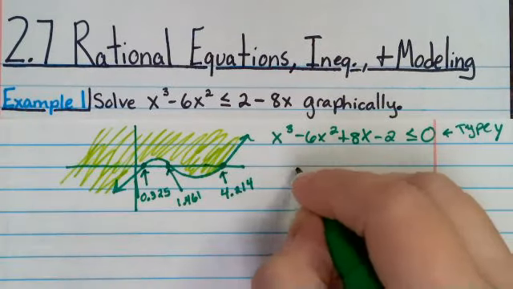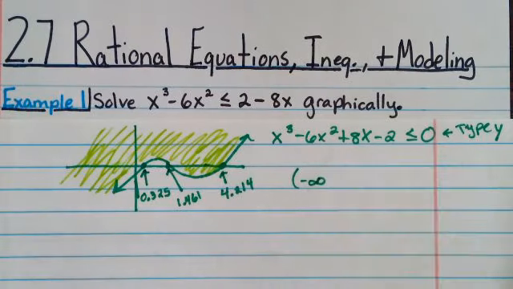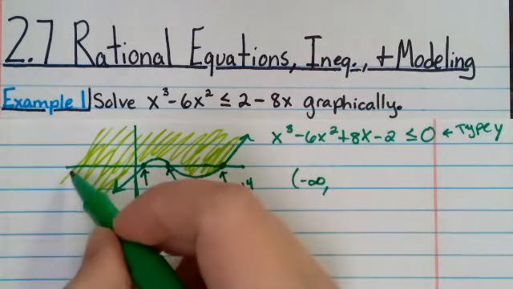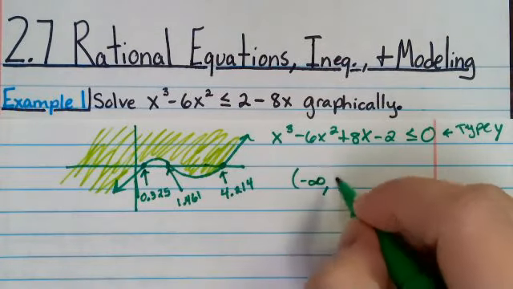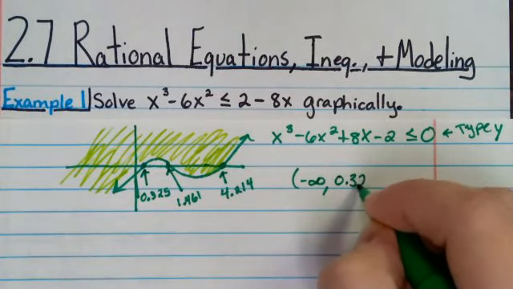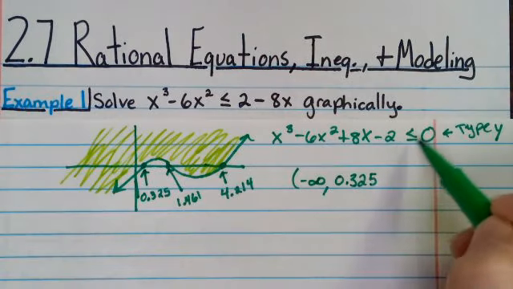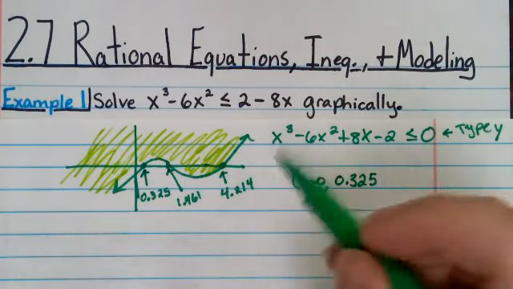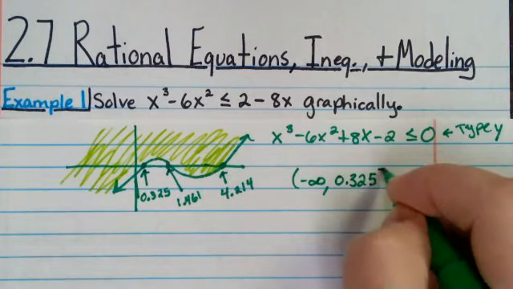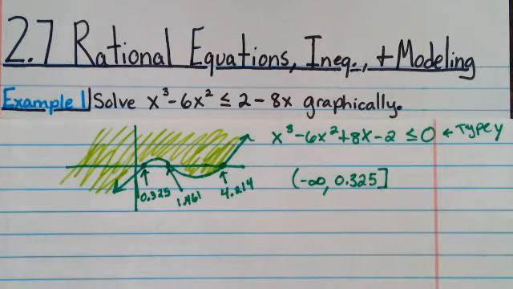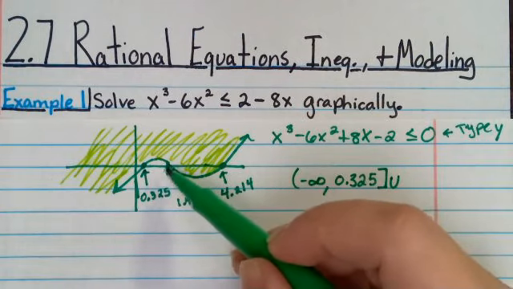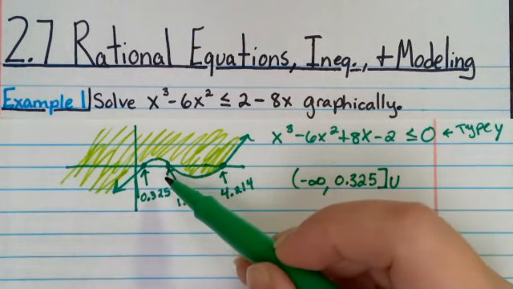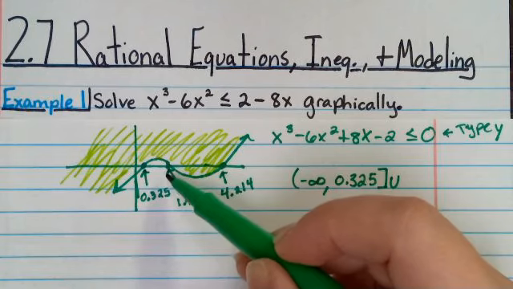So we're going to say from negative infinity all the way until it reaches this point, this x value of 0.325. Okay, now they said that this is less than or equal to, so it is allowed to equal this value. We're going to put a bracket.